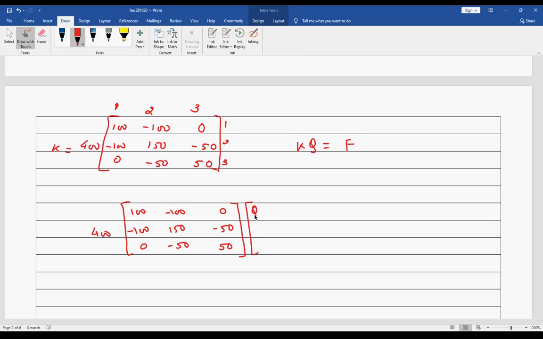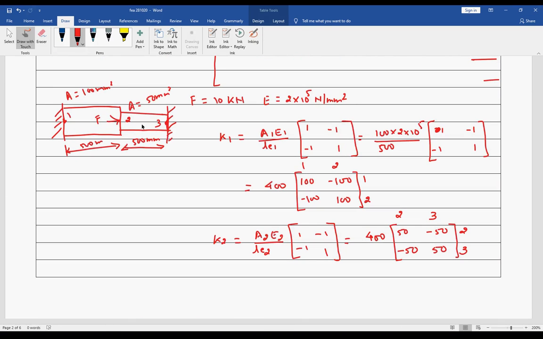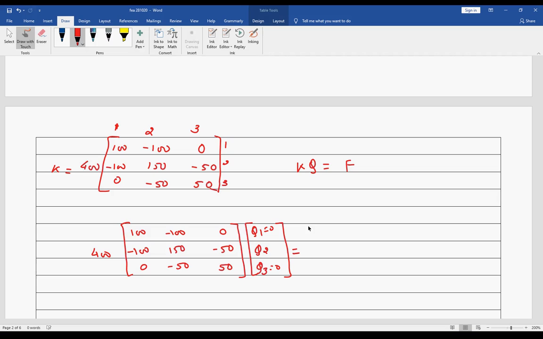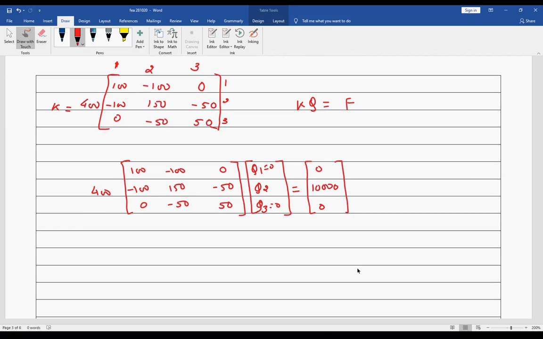And my Q's will be Q1 value is 0, Q2, Q3 is also equal to 0 because this is fixed at 1 and 3. And I just applied a force of 10 kilonewton here. Okay. Now I'm going to use the elimination approach.